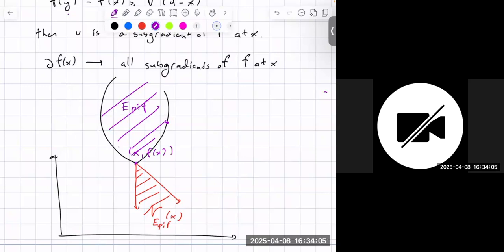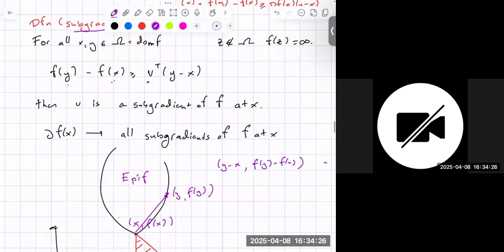And then what you do now is go from, say, (x, f(x)) to another point, say (y, f(y)). So the difference here looks like this, right? y minus x, f(y) minus f(x). And if you look at the inequality, it says take this part, multiply it with your vector v, and that's got to be less than f(y) minus f(x).